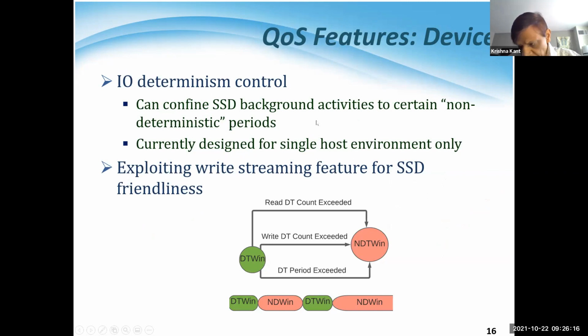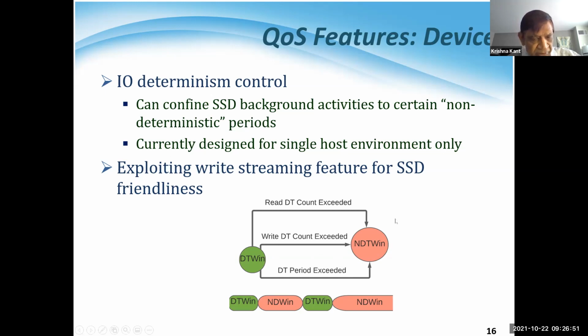There's another feature that has recently been added to the NVMe protocol, called Determinism Control. The idea is as follows. A normal SSD does its background activities whenever it pleases. What if we confine those background activities to certain periods, known as non-deterministic periods, NDT?